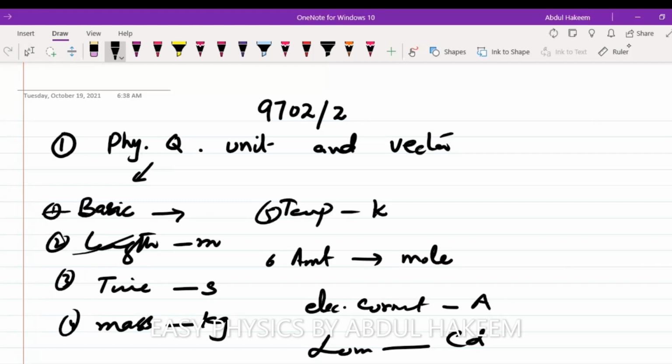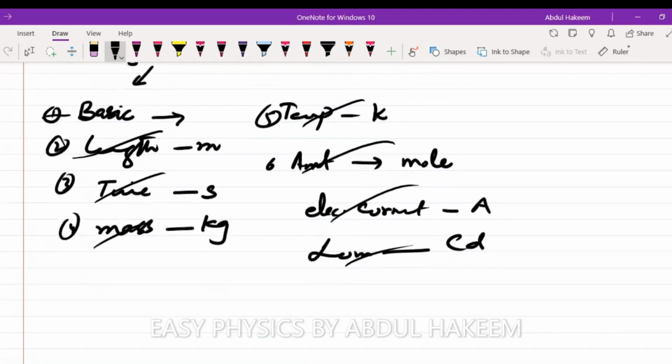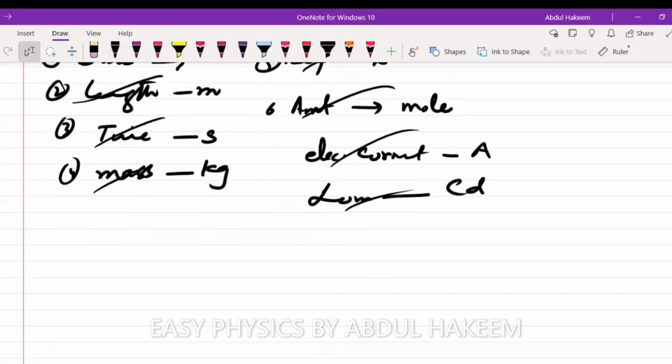So the number 1 is the length, number 2 is the time, number 3 is the mass, temperature, amount of the substance, electric current, and the luminance of light, and the units are called the base units. And the rest of the physical quantities except angle theta are the derived physical quantity. And the derived physical quantity has 2 units.